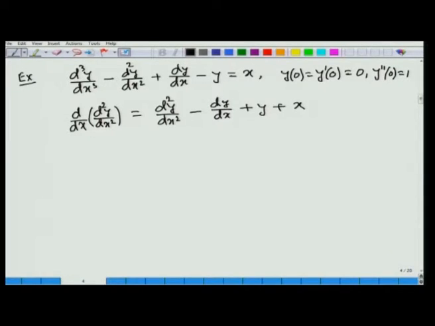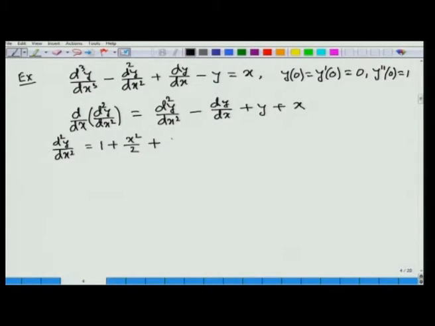Now, we have to integrate this from 0 to x. So, after integration you can find d2y dx2 minus d2y dx2 at x equal to 0, this is 1. So, we can transfer this 1 to the right hand side, and after that we can write integral of this term, that is x, from the range 0 to x. So, it will be x square by 2 plus integral of this expression, that is d2y dx2.